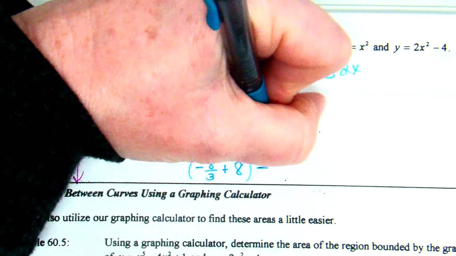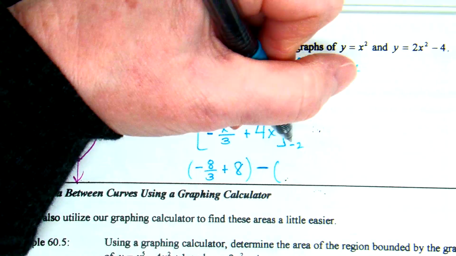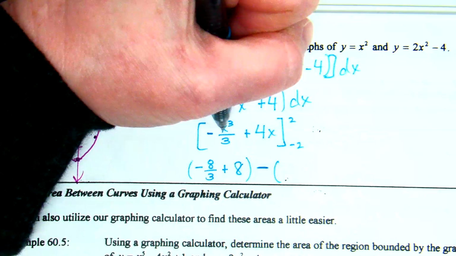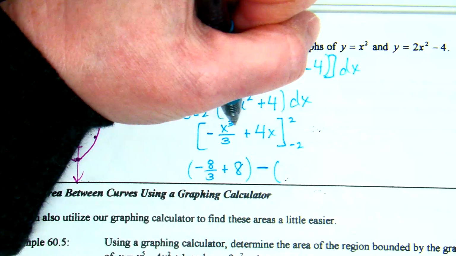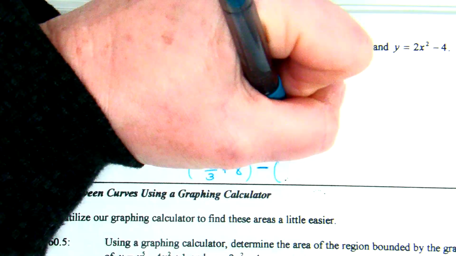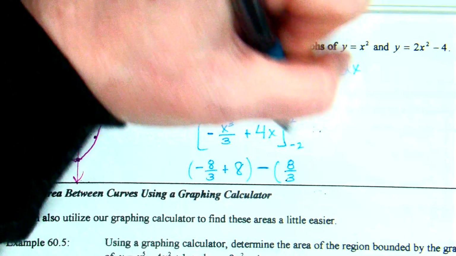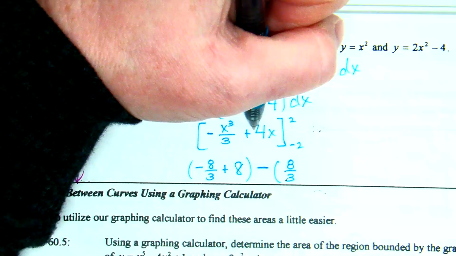Minus, now I'm plugging in negative 2. Negative 2 to the third is negative 8. But then the negative of negative 8 makes this positive 8 thirds. And then plus 4 times negative 2, which is minus 8.